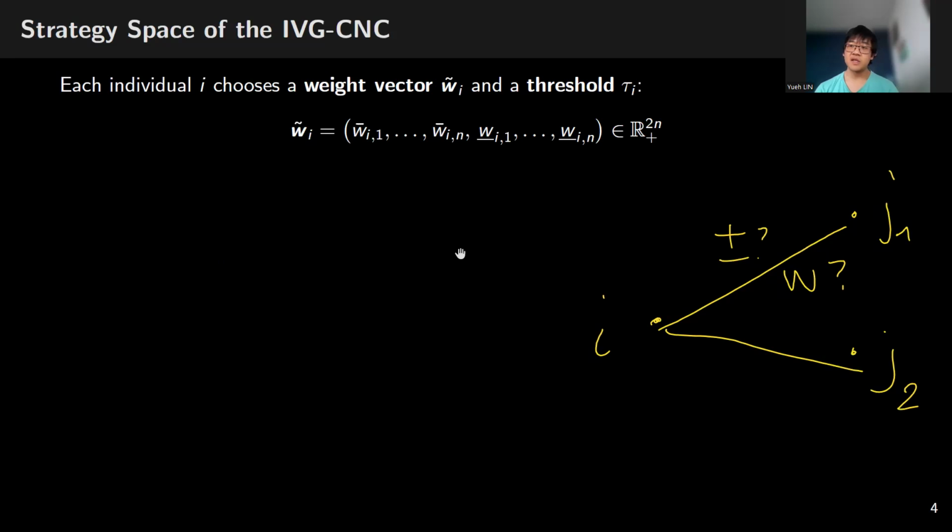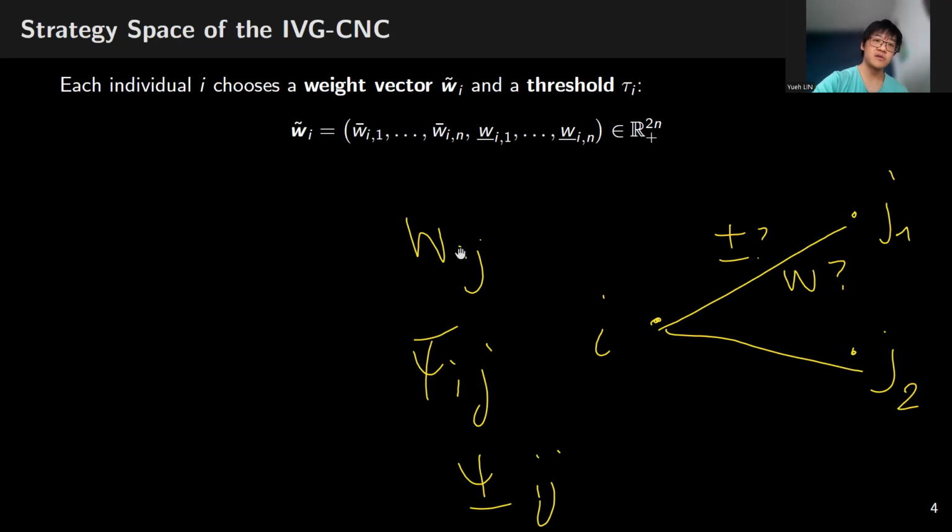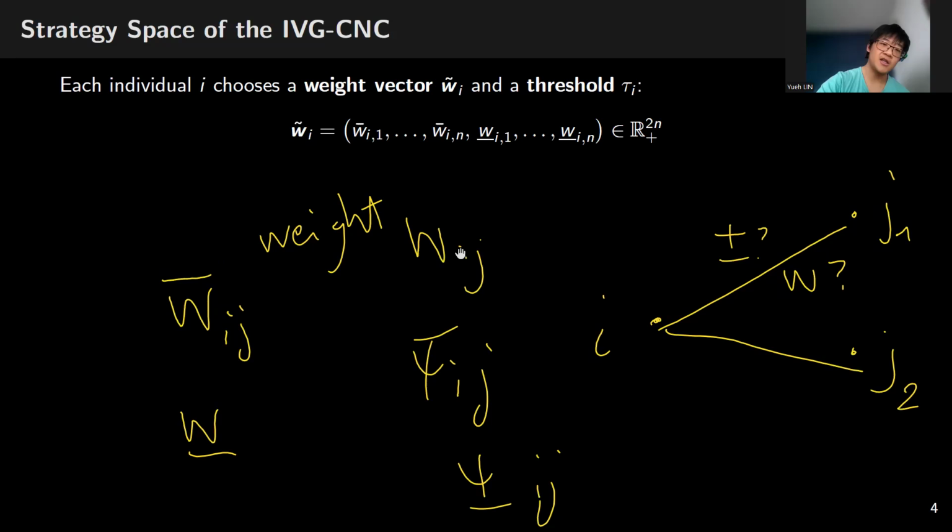For the sake of implementation convenience, instead of introducing the weight between ij and an indicator whether I is friend with j or I is enemy with j, we decide to combine those variables. So we introduce the variable weight with an overline and an underscore. Overline means the weight if I and J are friends.